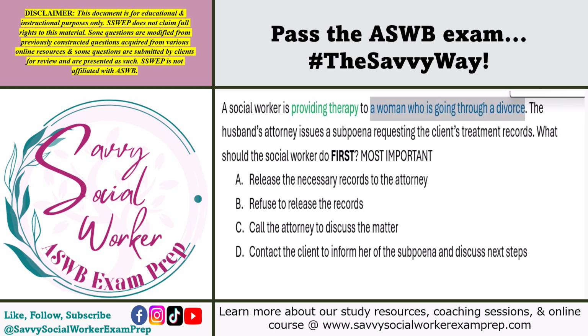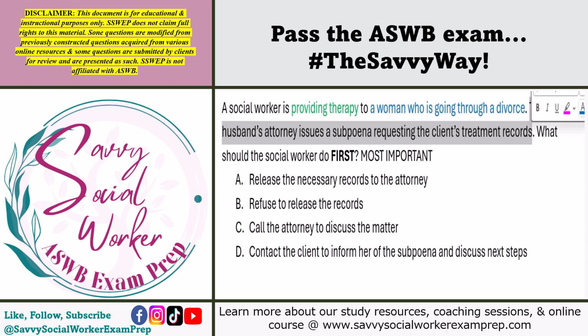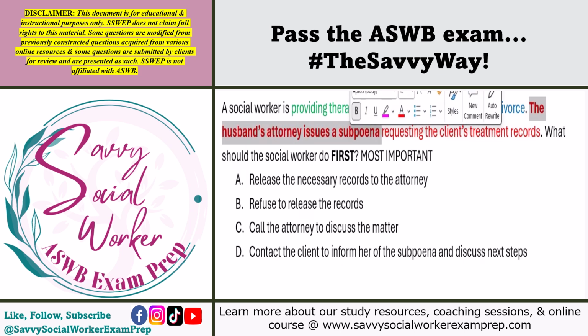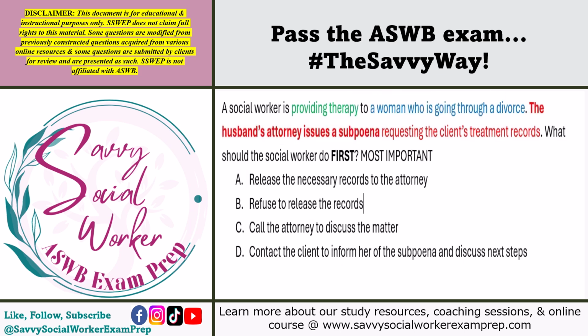Now, the priority issue here is that the husband's attorney, and we're going to be heavy on the husband's attorney, not the judge, issues a subpoena, not a court order, requesting the client's treatment records. What is the most important thing that you as a social worker should do when the husband's attorney issues a subpoena requesting the client's treatment records?